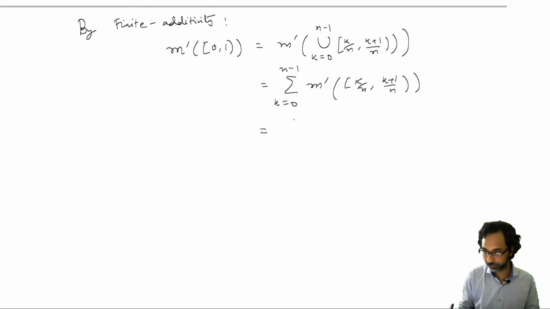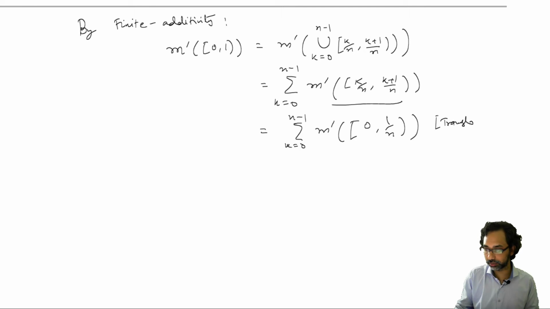And so each set in this sum is the same as m prime of 0, 1 over n, just by translation invariance that we have already seen. Now the sum ranges from 0 to n minus 1, so you have n terms.